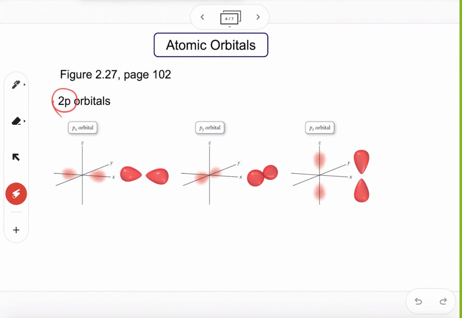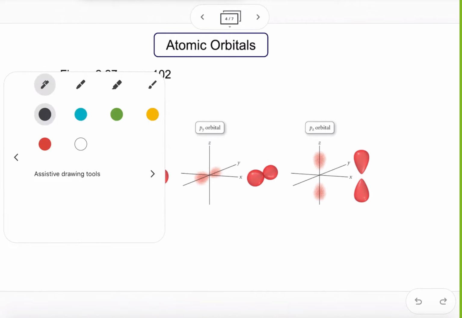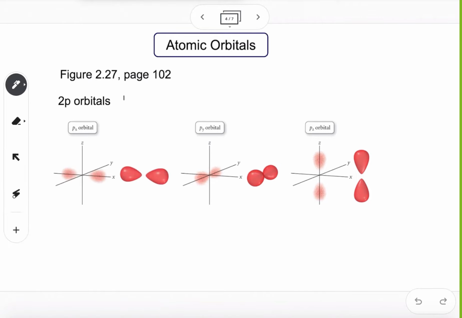Okay, 2p orbital. 2p orbital means n equals 2, L equals 1. And we know from our discussion regarding quantum numbers, when L equals 1, ML would have three values: -1, 0, and +1.